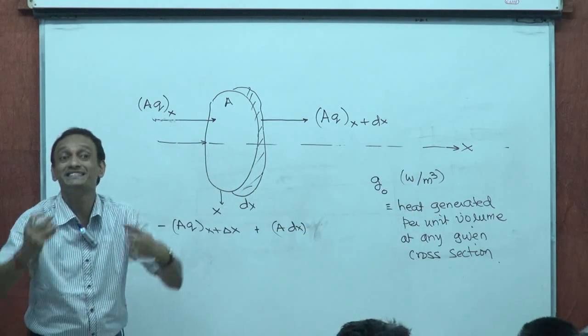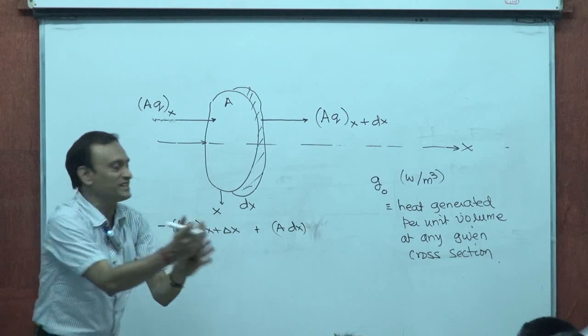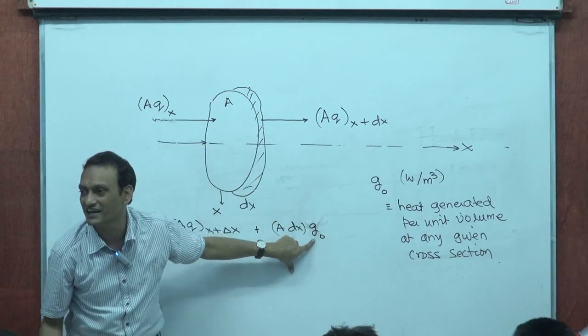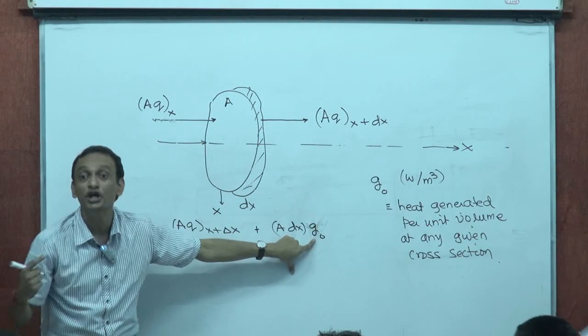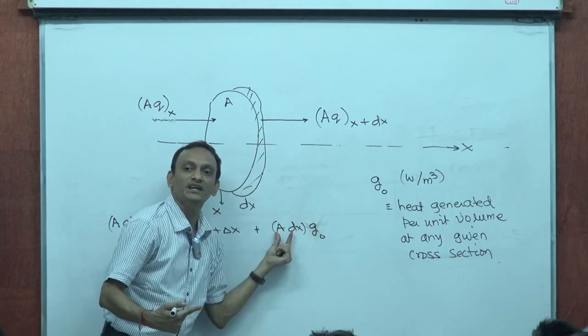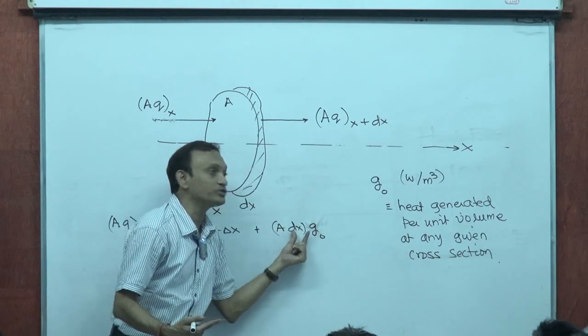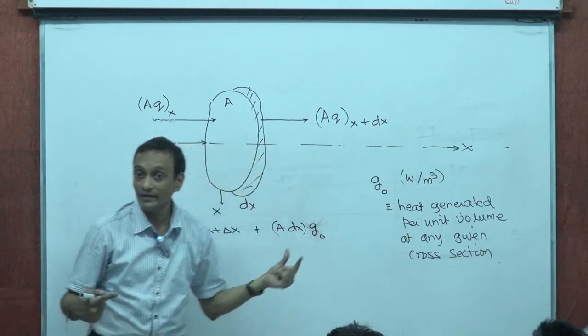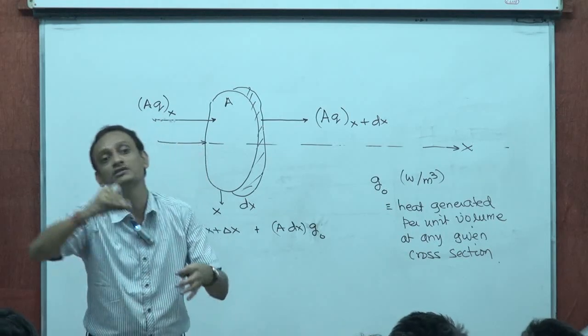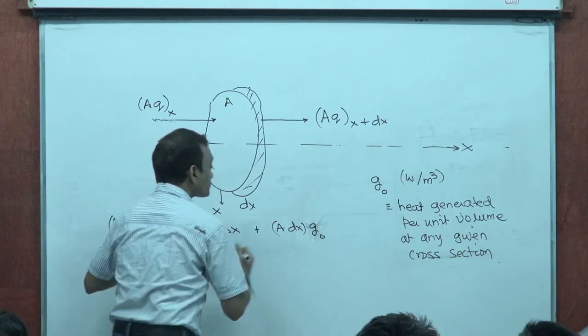That would be the watts generated inside this thickness, because G naught is internal energy generation per unit volume. So in A into dx, the heat generated would be A into dx into G naught. Right? These many watts would be generated because of an internal process going on.